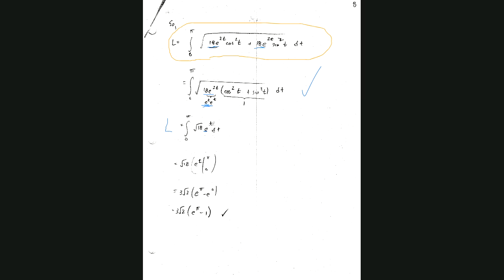And remember, in this problem, as well as the last, t is your parameter. Your parametric equations, the x and the y, are both written in terms of t. So t is what's called your parameter.